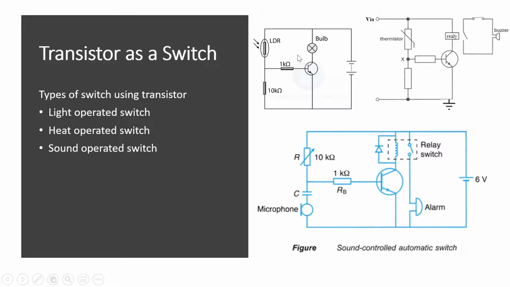Now, can you tell me how I can change the circuit in such a way that if there is no light, the bulb should glow, and if there is light, the bulb should not glow? Do you have an idea? How can I change the circuit?